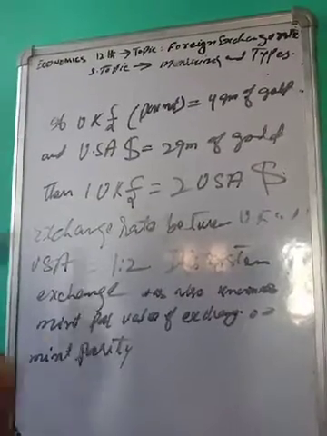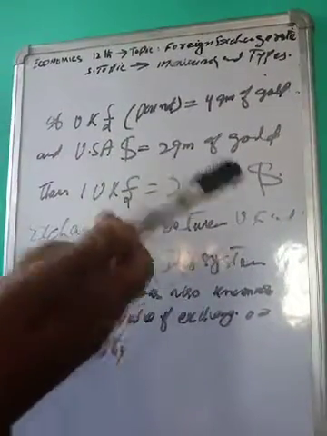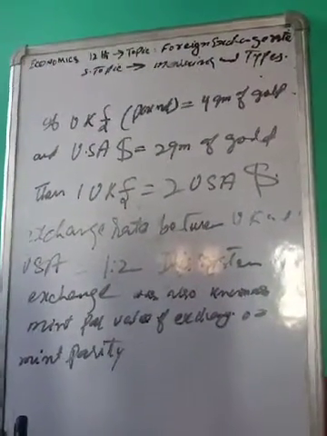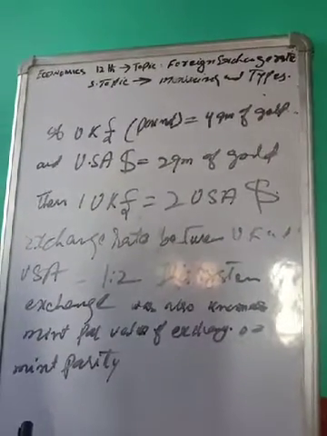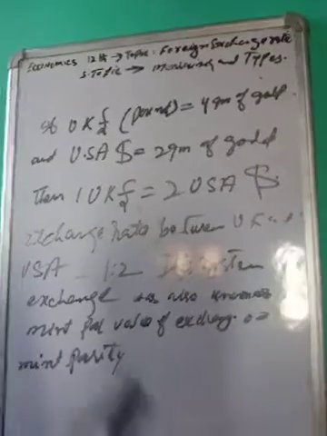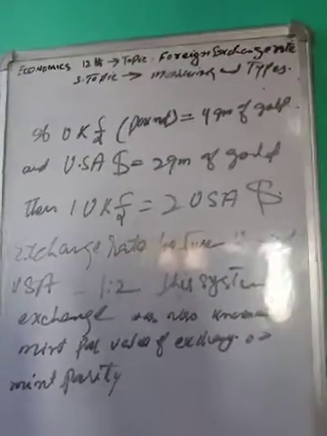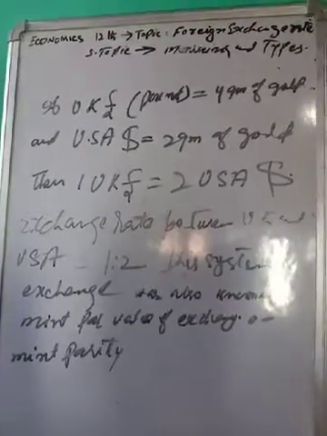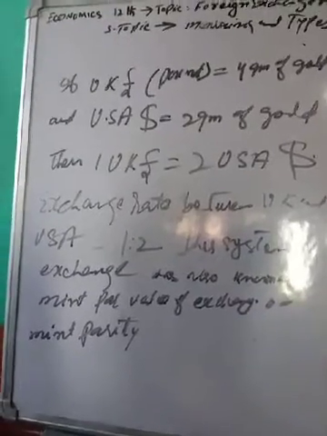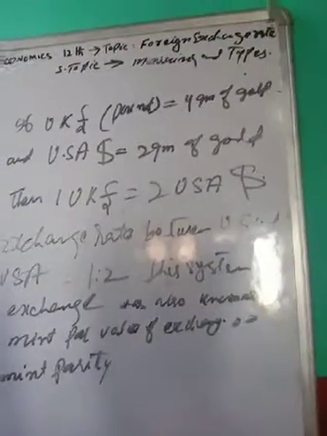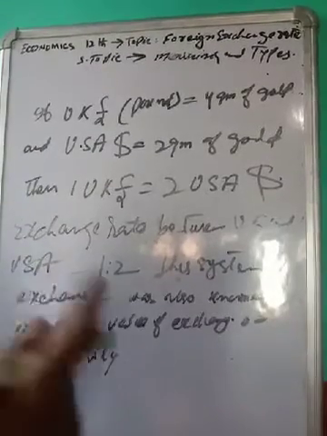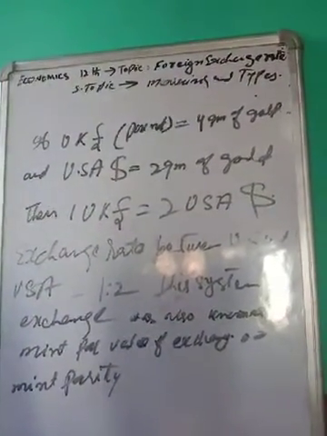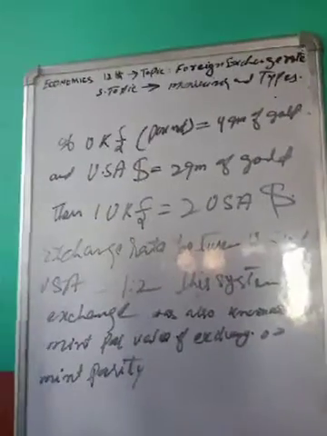So what is the value of gold in USA dollars, and what is the value of this gold here in India in rupees? Then we can calculate how many rupees are equal to $1. This system works in that way.